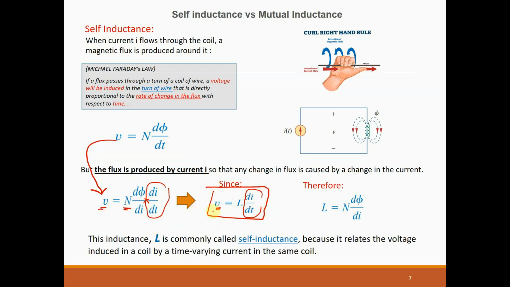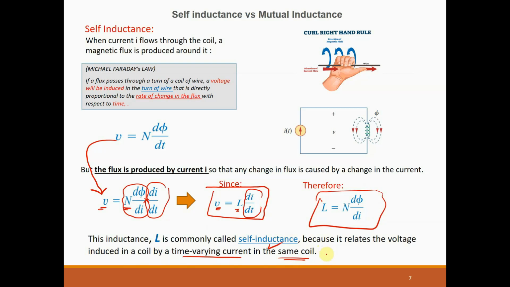It means to say that this L is equal to N dφ over di. This inductance, L, is commonly called self-inductance because it relates the voltage induced in a coil by the time-varying current in the same coil. That's why it is self-inductance, because it is inducing voltage in the same coil.